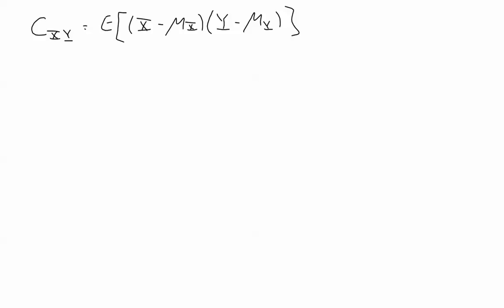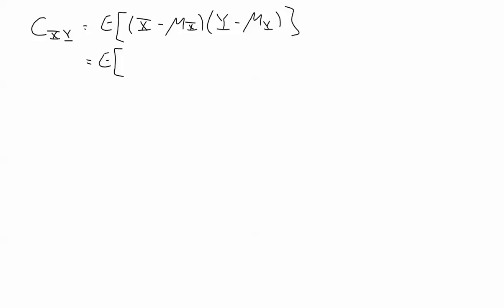Let's look at covariance just a little bit more. Covariance is the expected value of x minus mu x times y minus mu y. All right, let's expand that out a little bit.